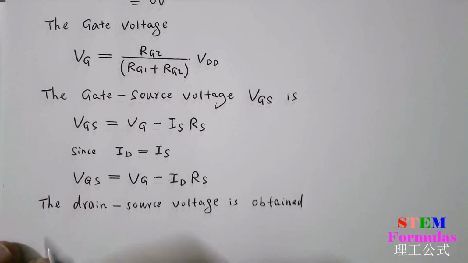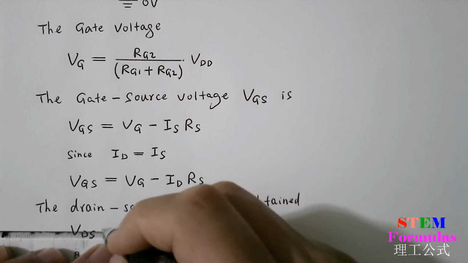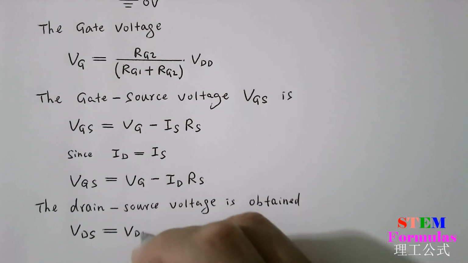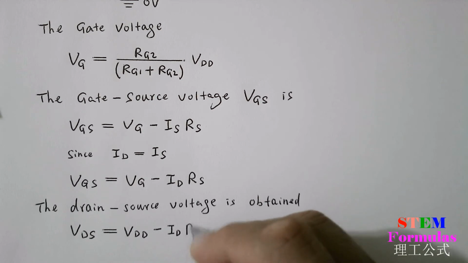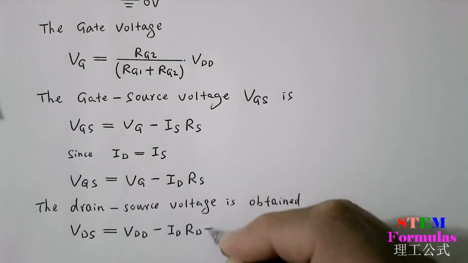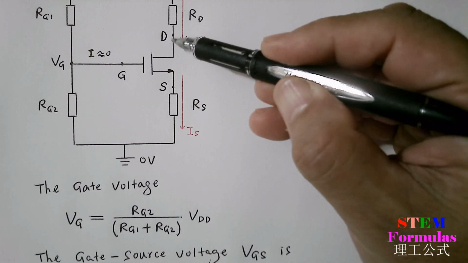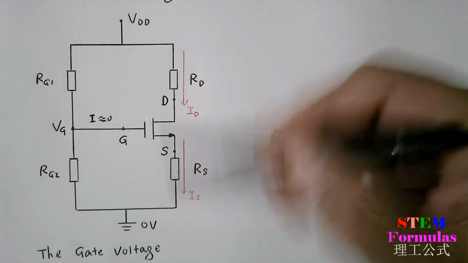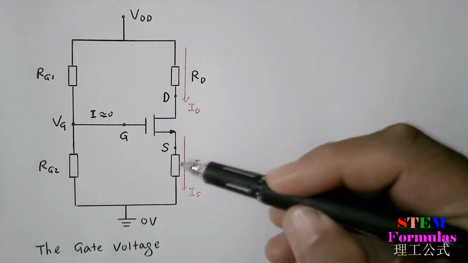VDS equals VDD minus ID RD minus IS RS. So the voltage between D and S equals the voltage VDD minus ID RD minus IS RS.